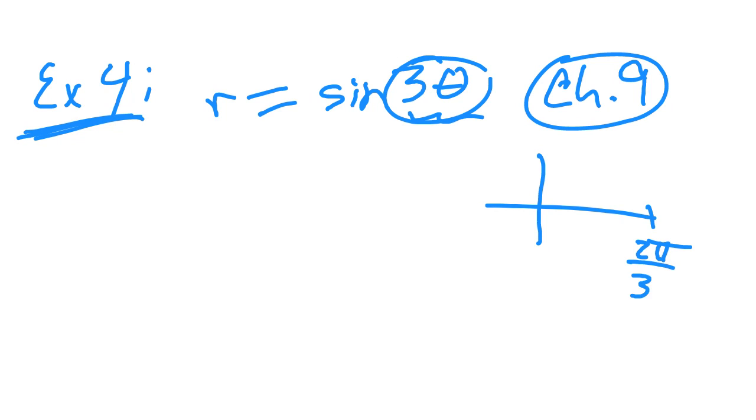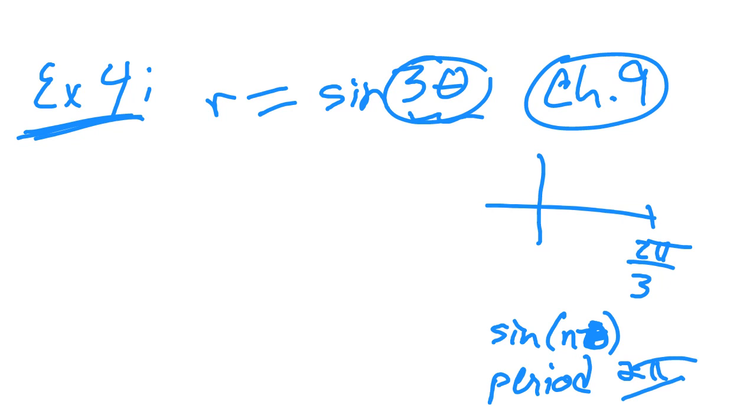So it's 2 pi over 3 is 1 period, right? So if I have sine of n theta, then the period is going to be 2 pi divided by n, right?